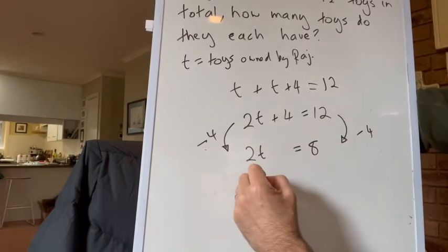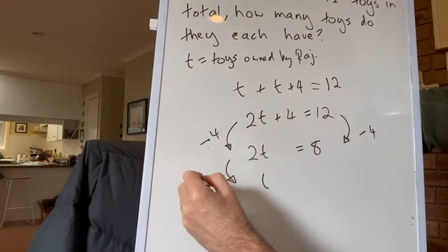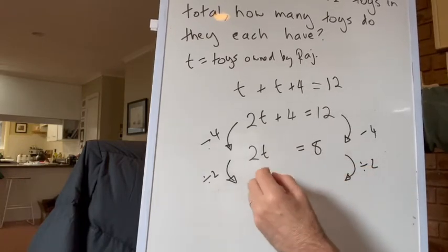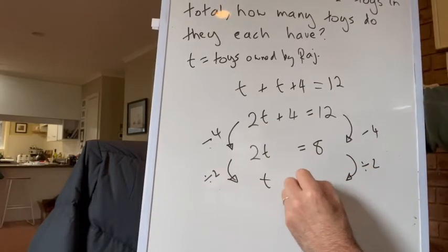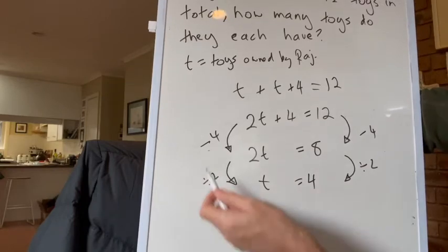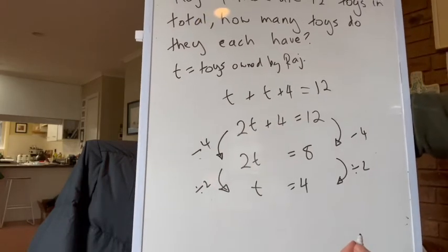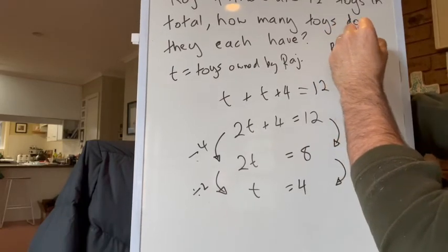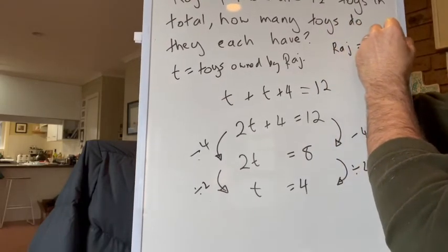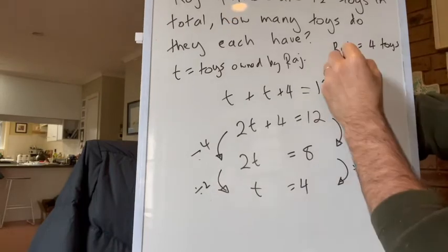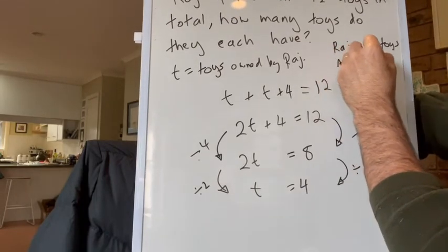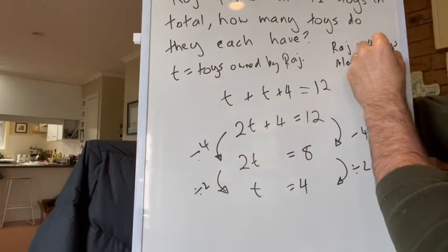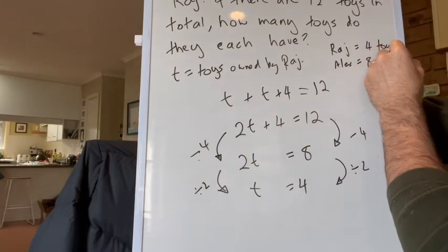So therefore, divide by 2 and divide by 2 to get rid of the 2, and we have T equals 4. So now we can go back to our statement, and we know that Raj has 4 toys, and we know that Alex must have 4 toys plus the 4, which is 8 toys.